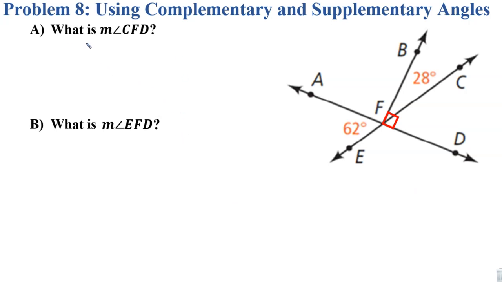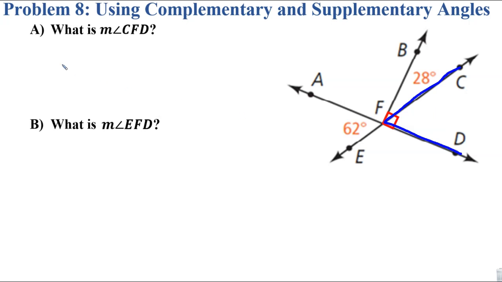Part A asks, what is the measure of angle CFD? Well, let's find that angle first. CFD is going to be this angle on the right here. The trick for finding this angle measure is recognizing that I have a right angle from this right angle box. Therefore, the angles that make it up, BFC and CFD, will be complementary to each other. They'll add to 90.